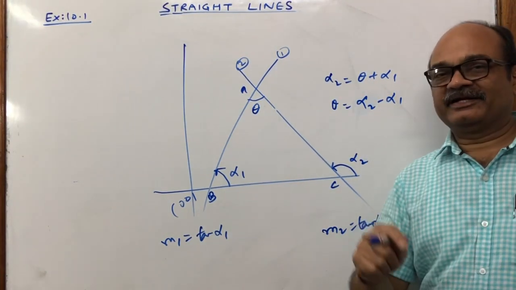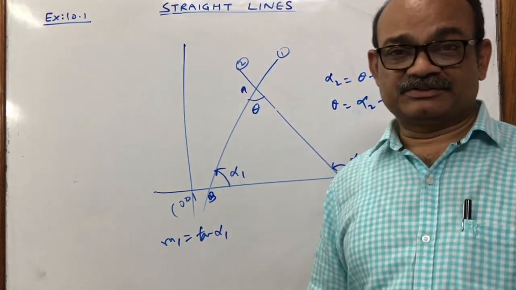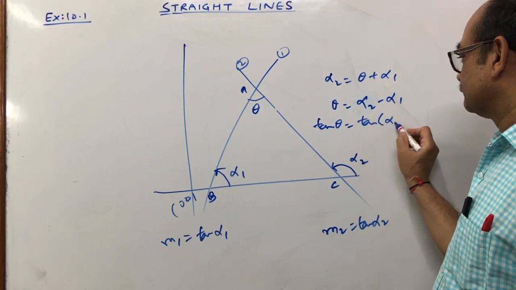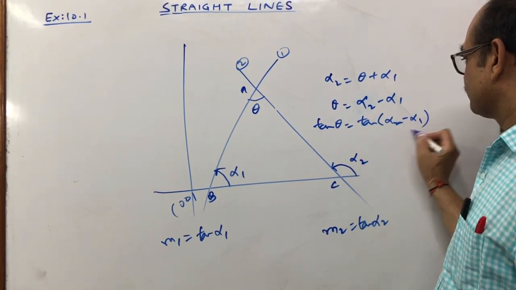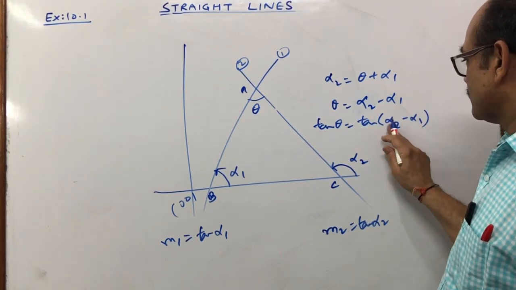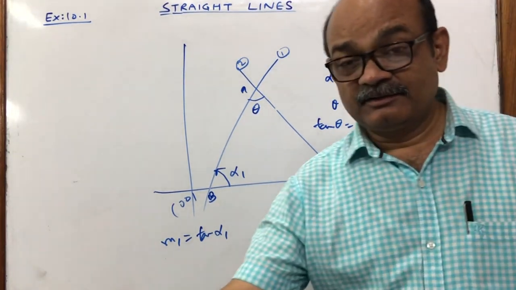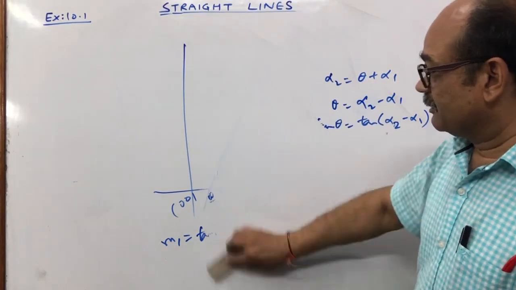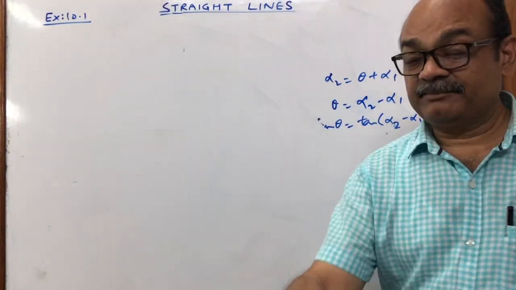But we want to calculate the relation between their slopes. Hence taking tan on both sides. And you know very well the trigonometrical formula for tan (A minus B).